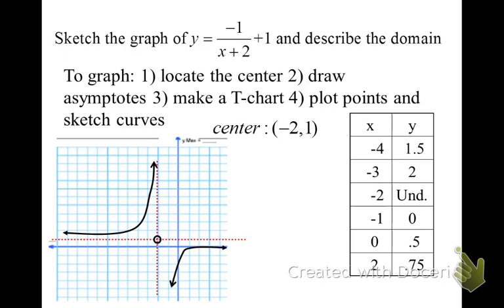The center also gives you a mirror image on either side. So every point that's equidistant from the center of the graph is going to have a mirror image point, and that's our example.